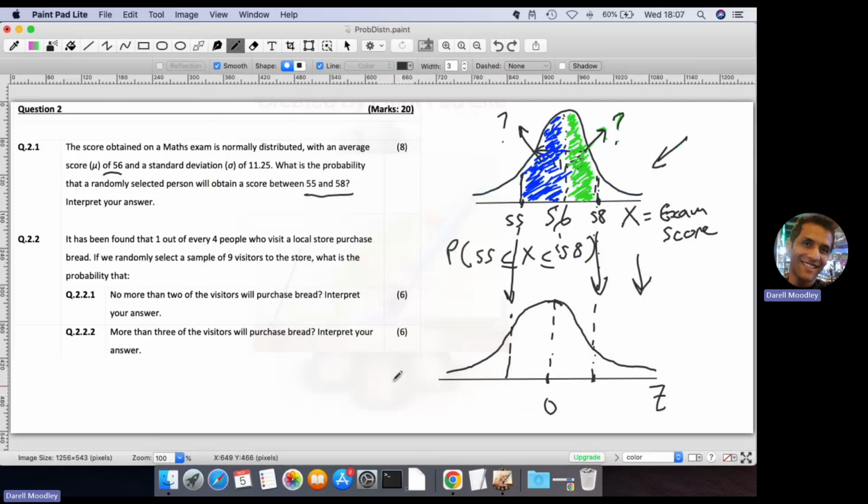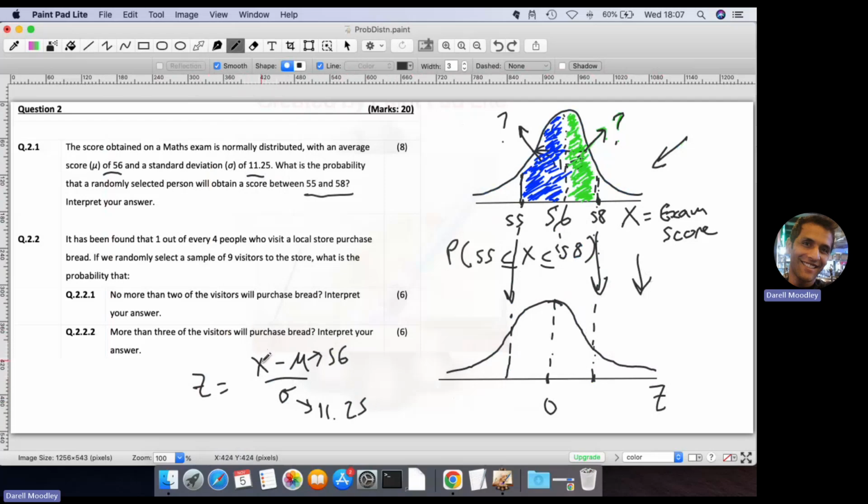In order to do that, you use the equation z equals x minus mu all over sigma. That equation is given to you, you don't need to memorize it. We know our mu, that's 56, and sigma is given to us as well, 11.25.